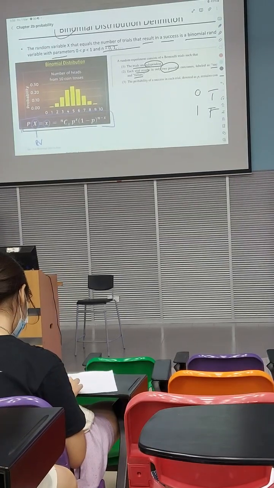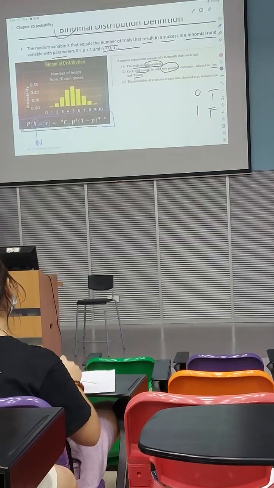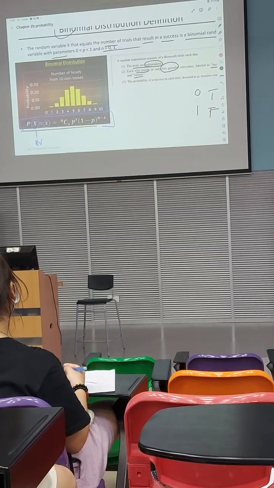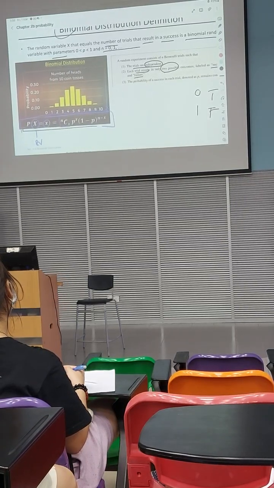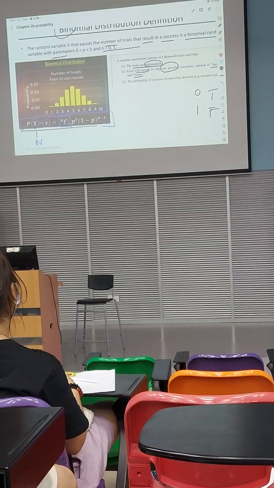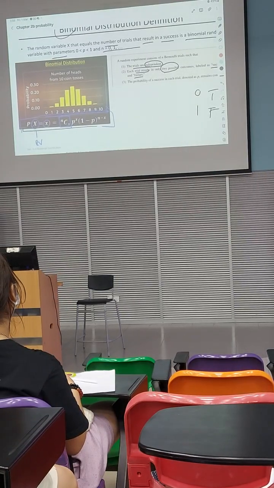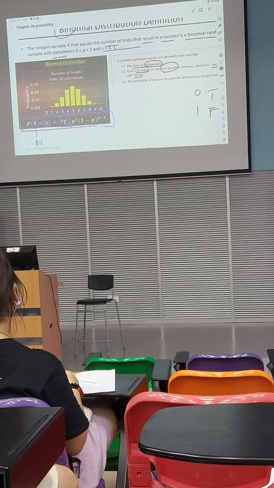What does x mean here? x can be any value: 0, 1, 2, 3, 4, 5, 6, etc. Then, what does this symbol mean? It is combination, which you have just learned: n choose x, times p to the power of x.